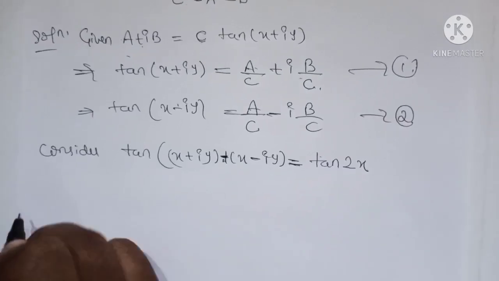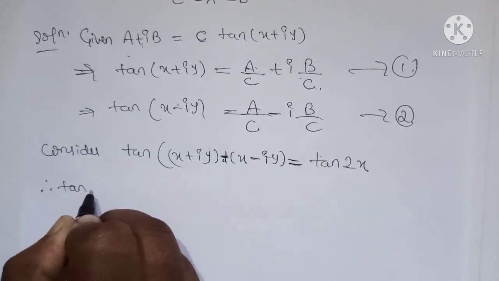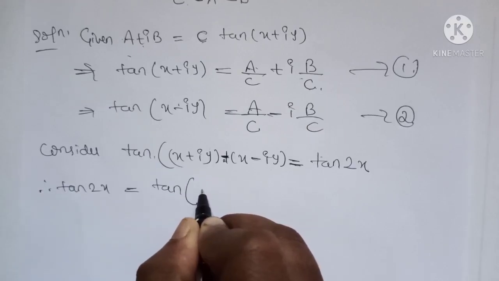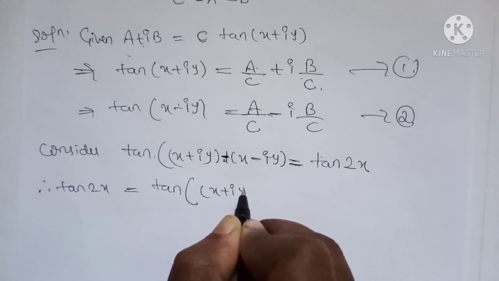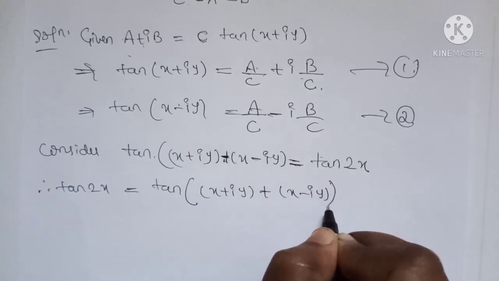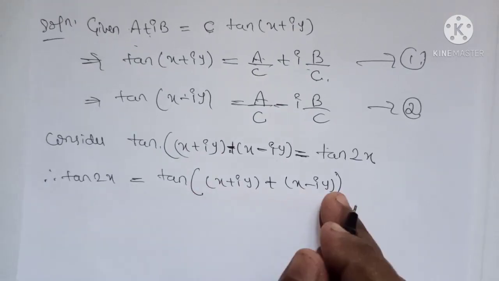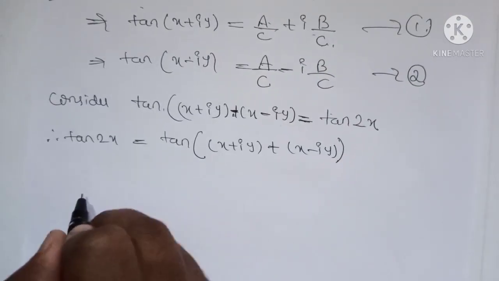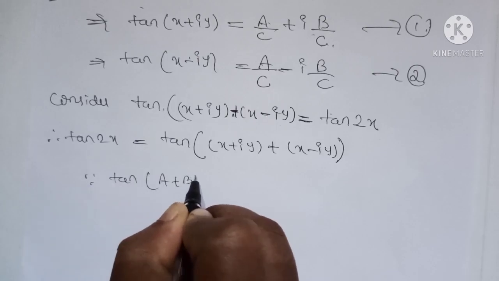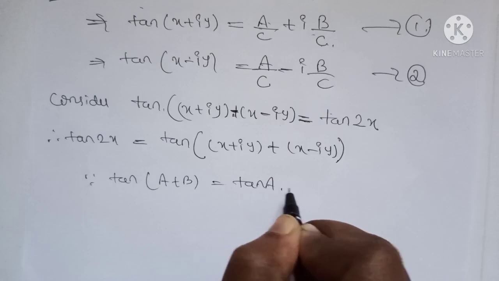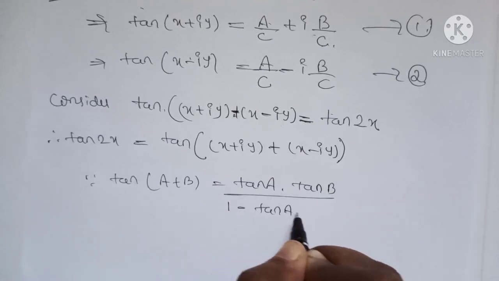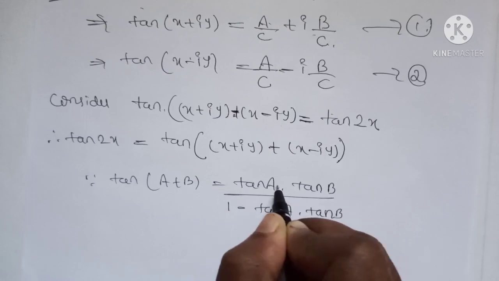So that means tan 2x can be written as tan((x + iy) + (x − iy)). Now we apply the tan(a + b) formula. Since tan(a + b) formula is (tan a + tan b) divided by (1 − tan a tan b). So here we have plus sign.